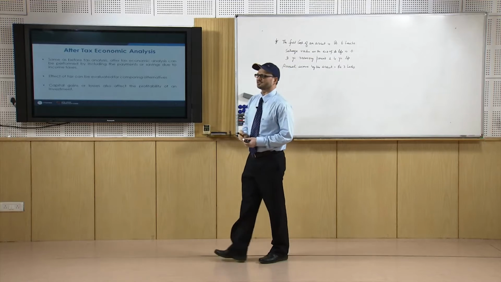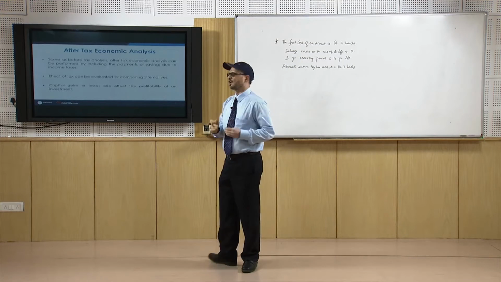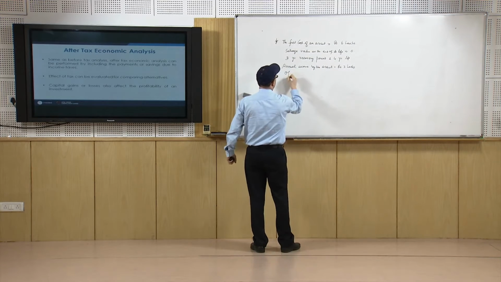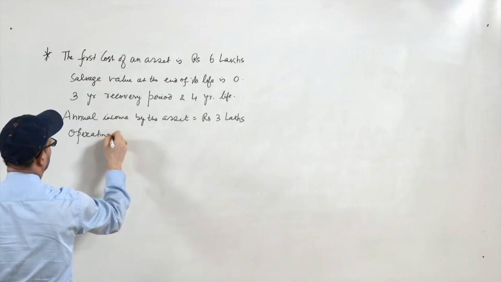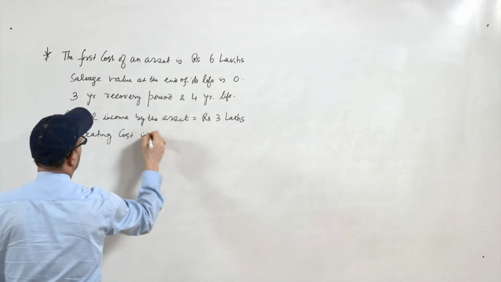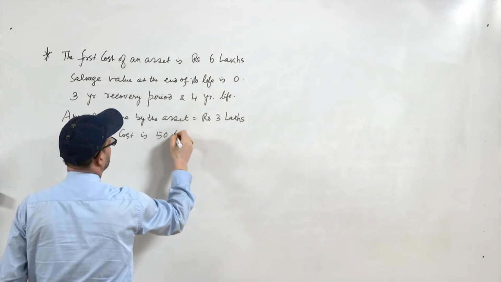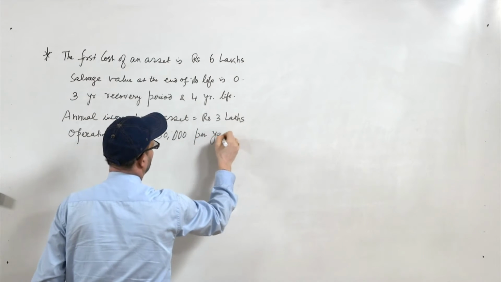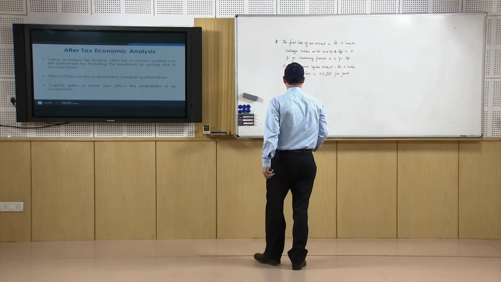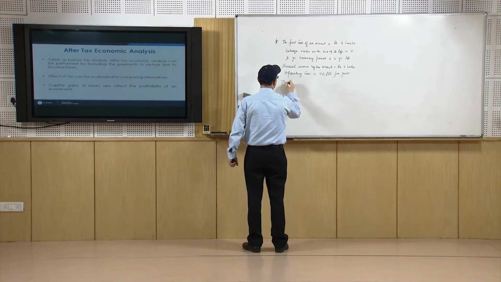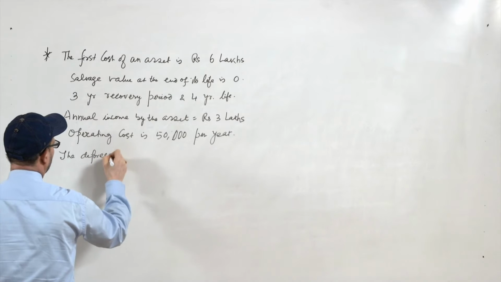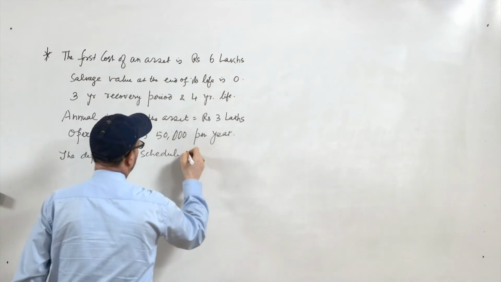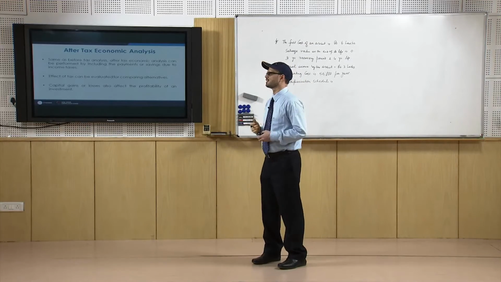The asset also requires operating cost. The operating cost is 50,000 per year. The depreciation schedule is straight line with half year convention.